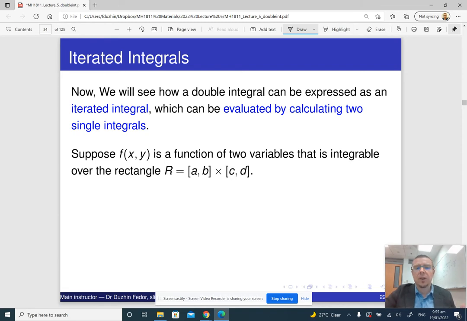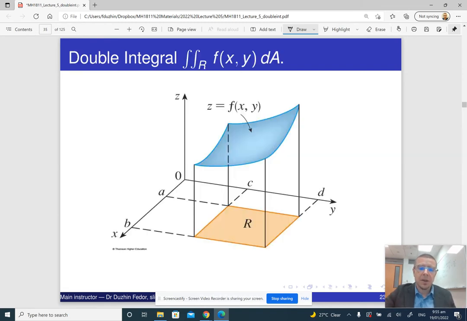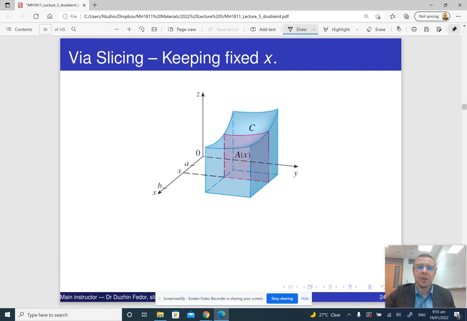Now, if f of x, y is a function of 2 variables, here is the picture. It is defined for values of x and y that belong to some rectangle, and we assume that it is integrable over this rectangle. Then we can keep x fixed.